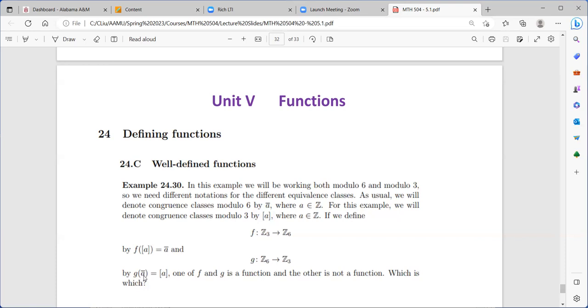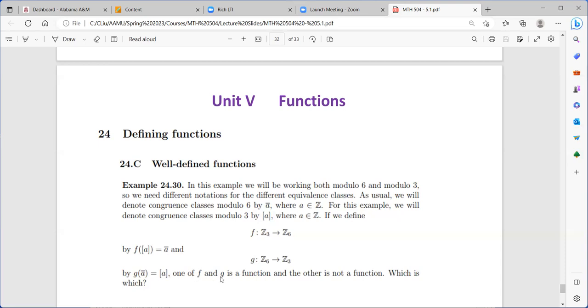You take any number in some class modulo 6, and then we define the value of g as bracket a, meaning you divide this number a by 3, see what the remainder is, and then determine which class it belongs to. So make sure you understand what these definitions mean.